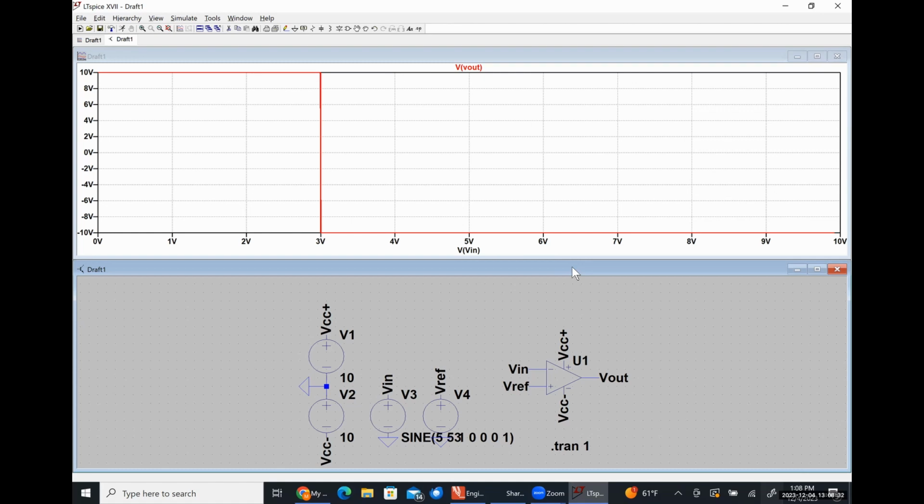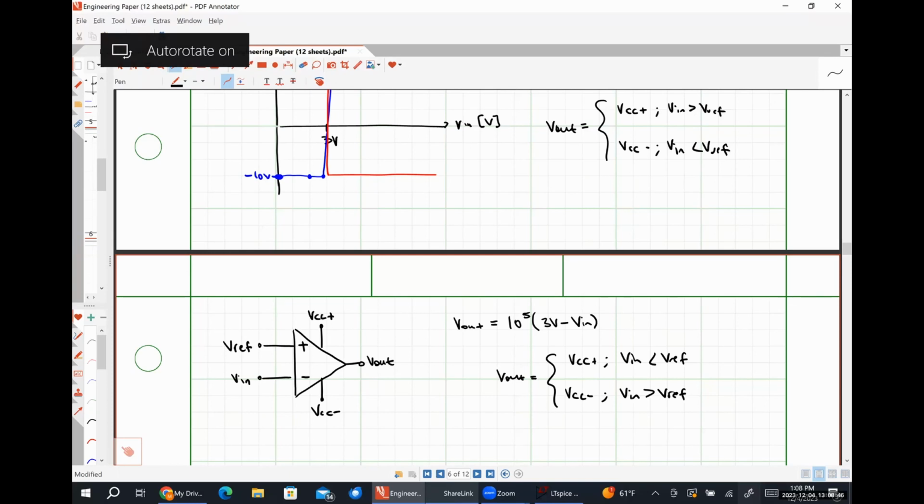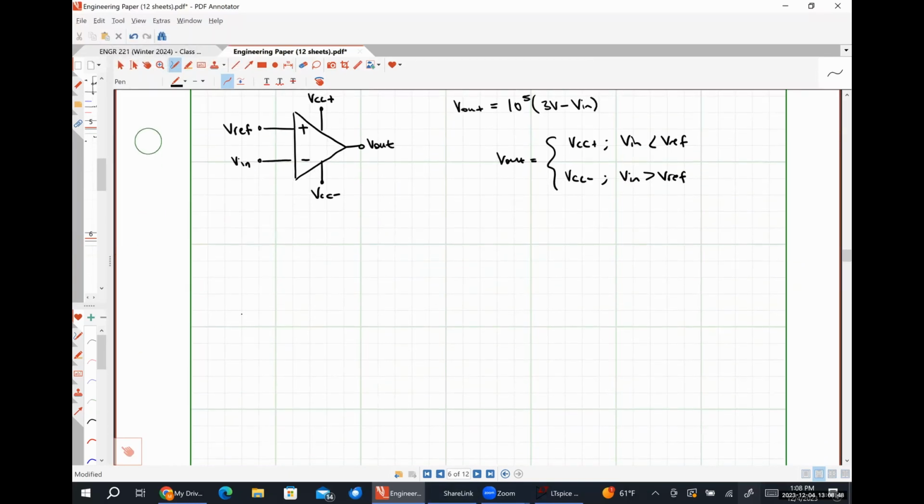So what I want us to do now is design something. I'm going to give you guys the design prompt. What we're going to design here is a very simplistic analog to digital converter.